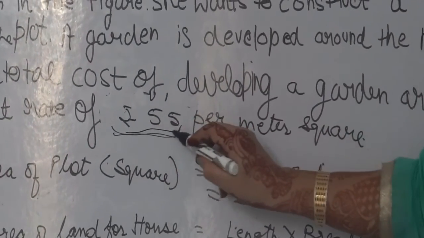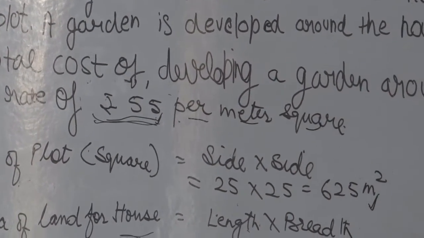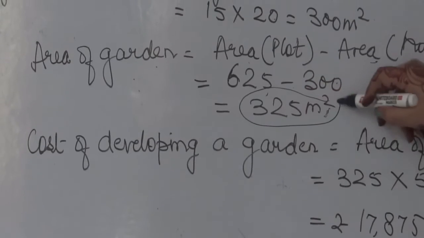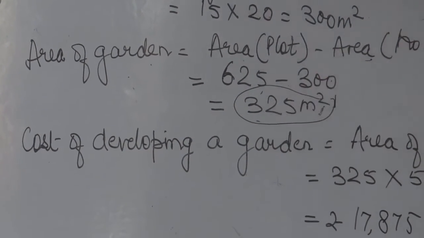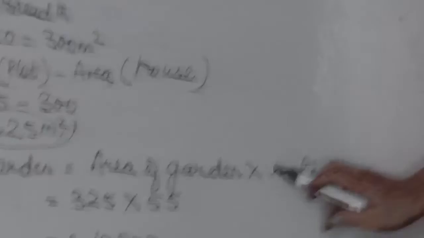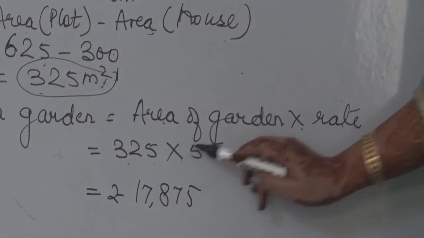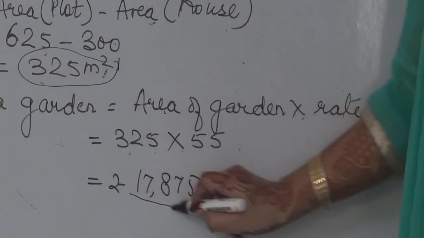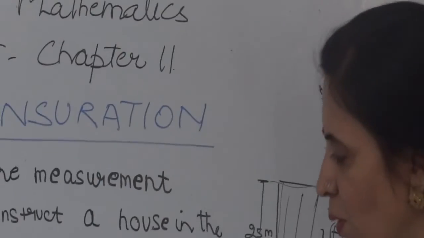That is rupees 55 per meter square. So this is meter square area. We simply multiply this area with the rate, that is area of the garden, multiply rate, it becomes 325 multiply 55 and we get the answer rupees 17,875, which is the cost of developing the garden.